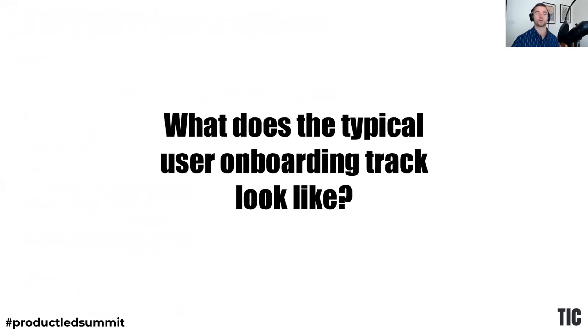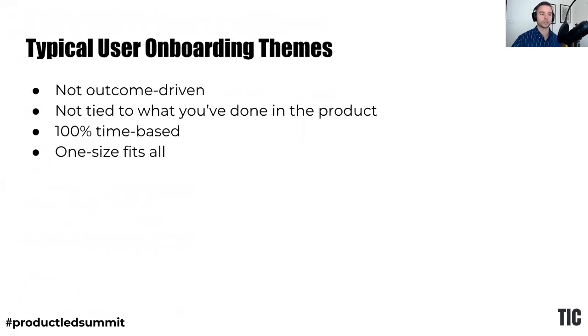So whenever we're talking about typical, I like to just ask you, what do you think the typical user onboarding track looks like? Now think about it. If we look at a lot of these typical user onboarding themes, these might kind of stick out to you as being pretty normal. A lot of user onboarding isn't outcome driven.